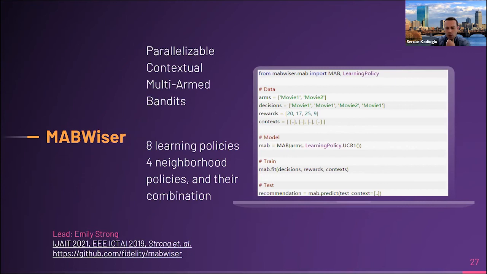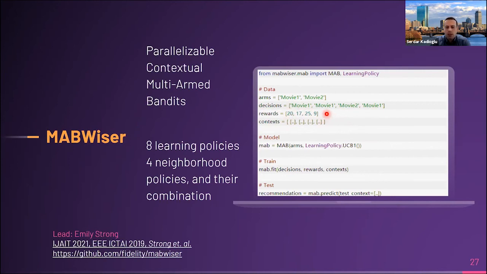And here is a concrete usage example. I have 2 arms, essentially 2 movies to recommend, and I have some historical data, some decisions I made in the past. So maybe I decided to show movie 1, movie 1, movie 2, movie 1 under different context representations that we built using sequential pattern mining for the user, or that could be built using content featurization, using the text info of the movies, etc. And as a result, I received some reward information.